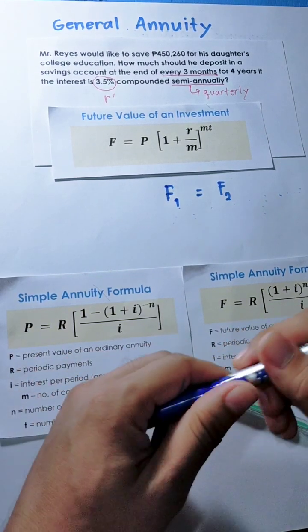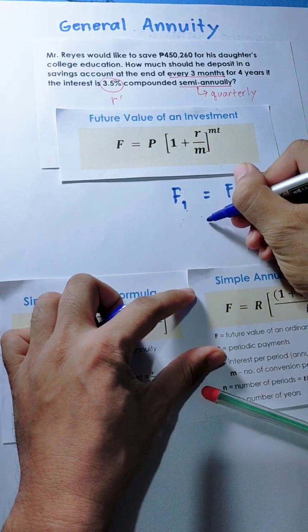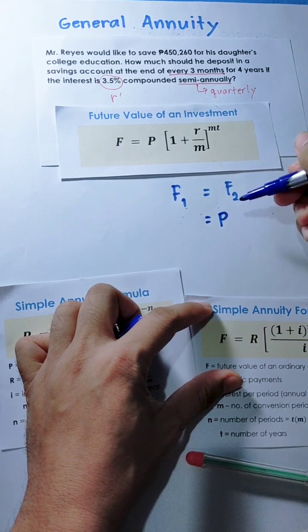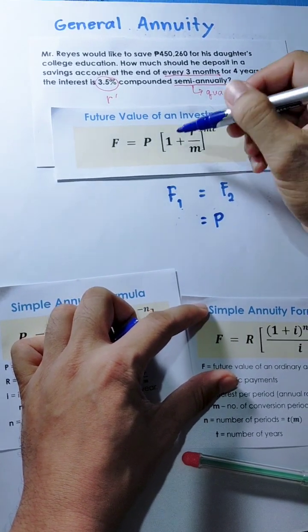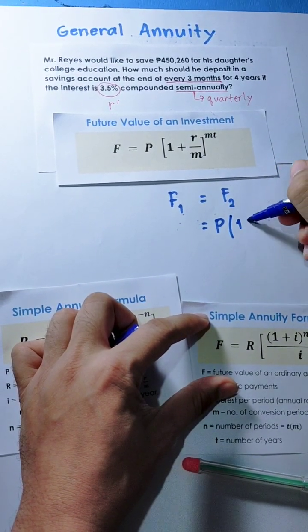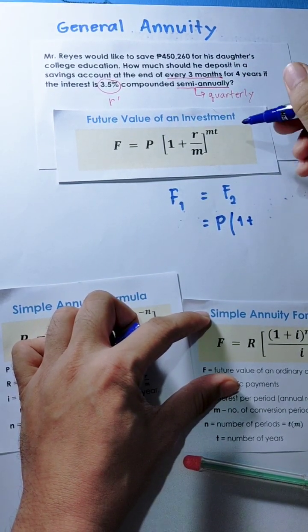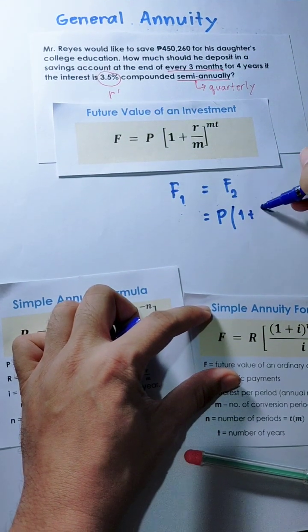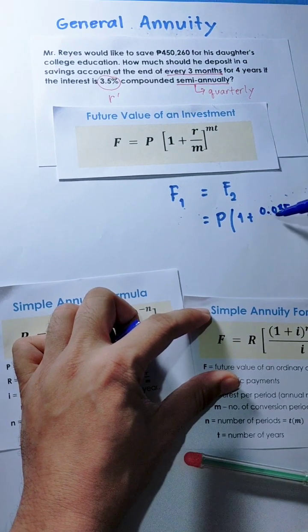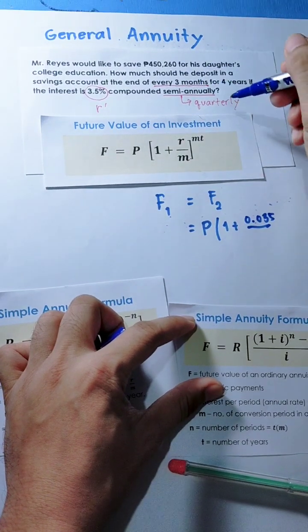And let's write this now into the formula. We have P, which is the present value, and then 1 plus the rate, which is 3.5%, or 0.035, over the M. The original one is semi-annually.